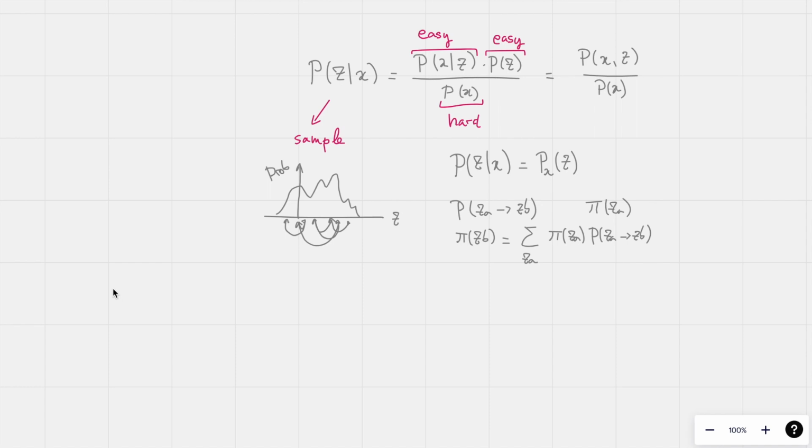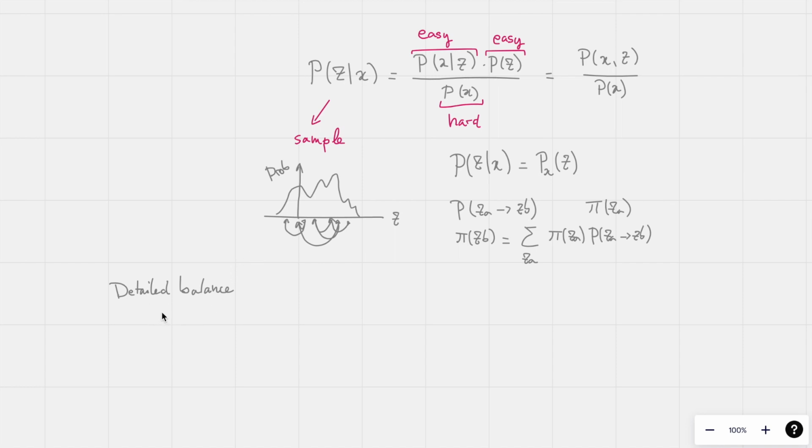Now, there is a particular condition which is called the detailed balance equation or the detailed balance condition. And if a particular process has this condition, then it will guarantee that the distribution that we're looking for is going to be its stationary distribution. So what is this equation?